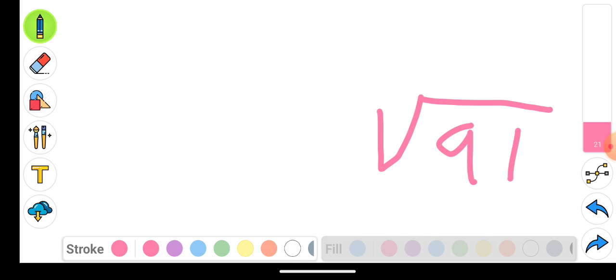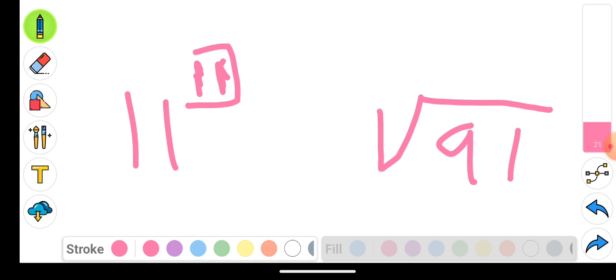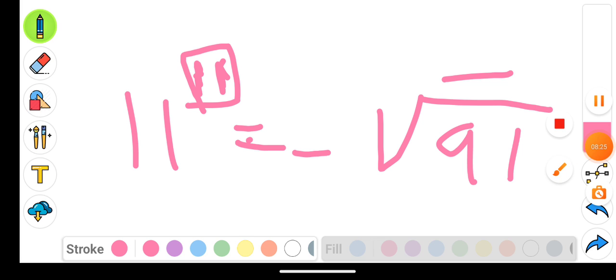I'm going to give you a number from the square root, and a number from the one that's being squared. Press pause and have a look.